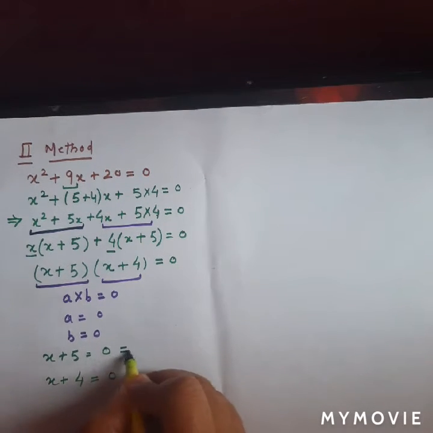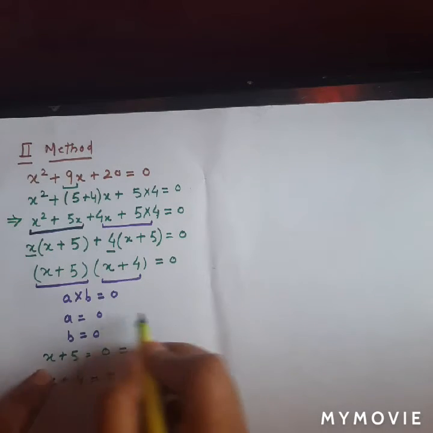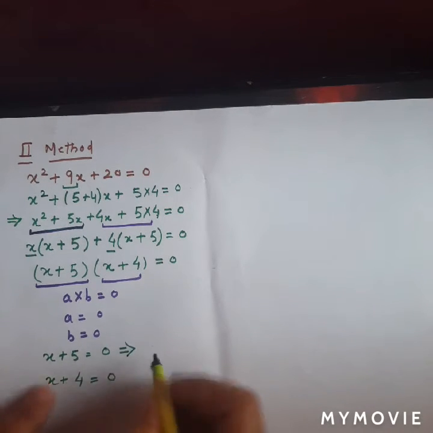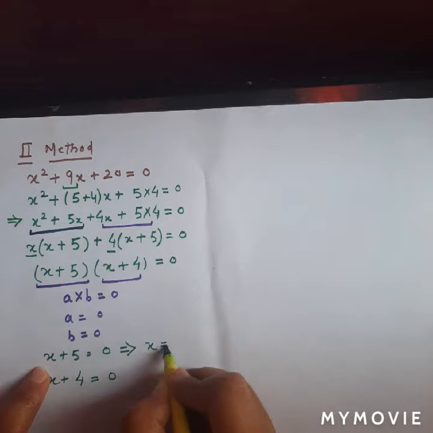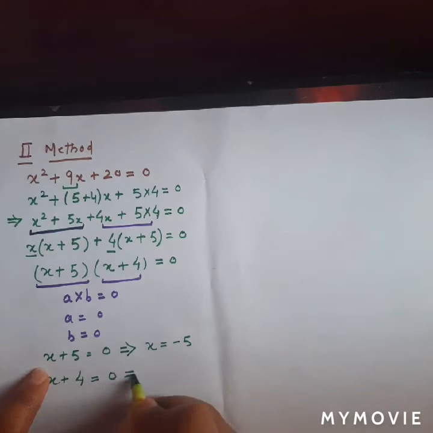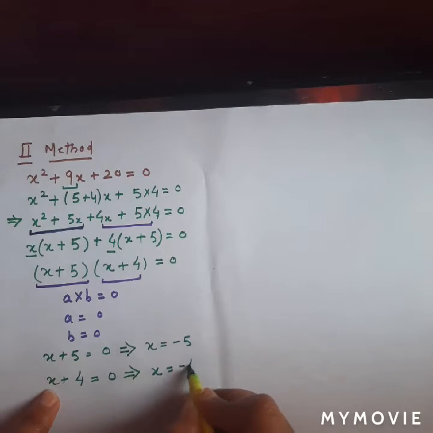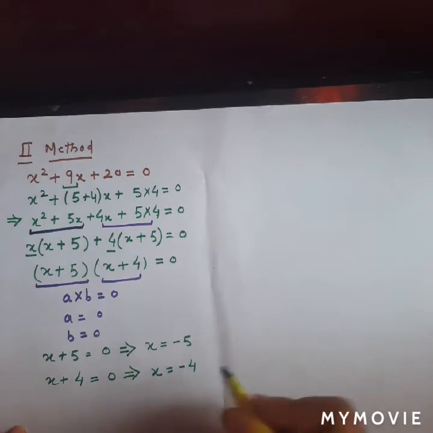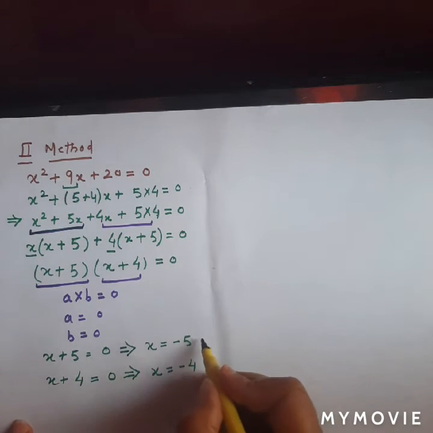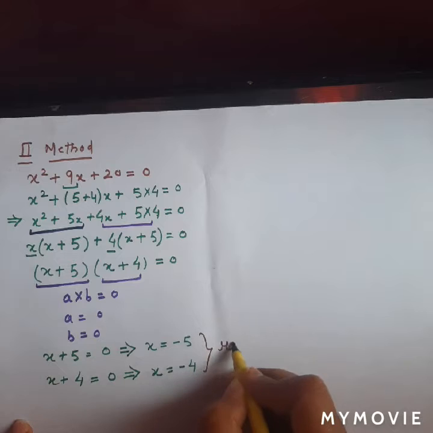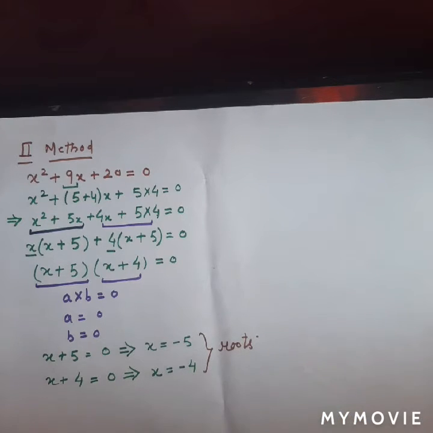Fine. When 5 is taken to the other side of the equality, it becomes negative, and when 4 is taken to the other side, it becomes minus 4. So these are the roots of the quadratic equation.